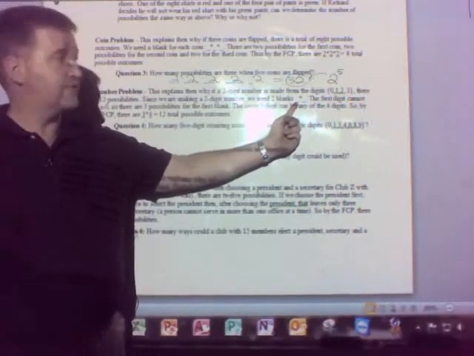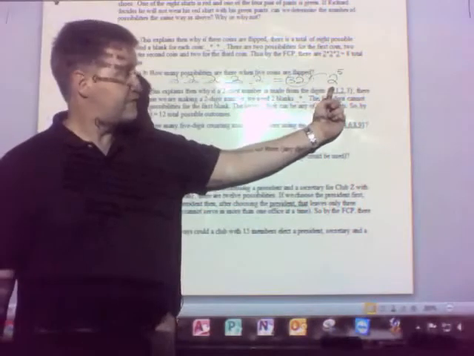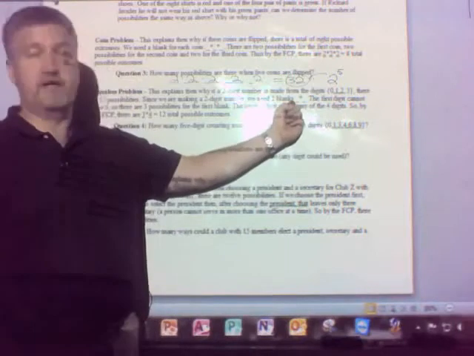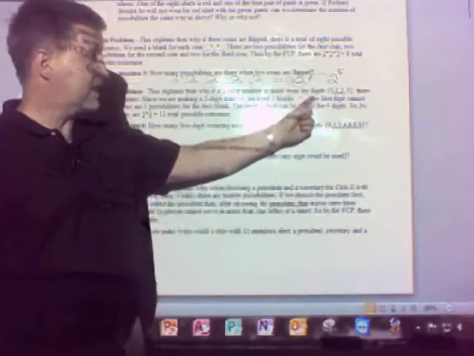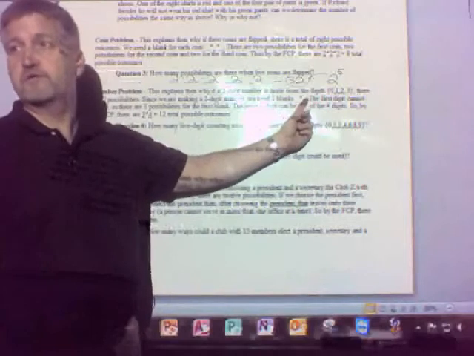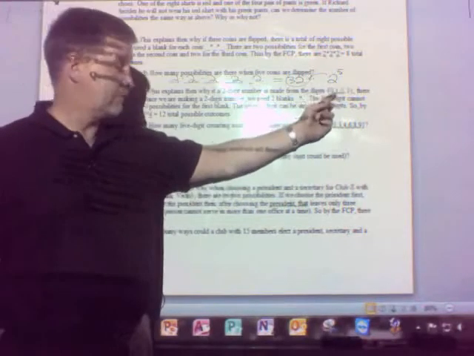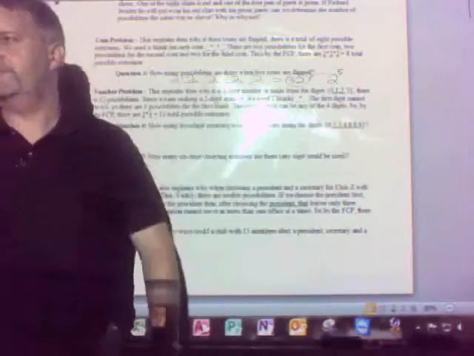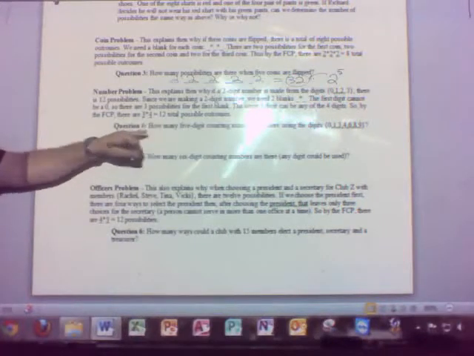Remembering we want a 2-digit number, so what can't the first digit be? First digit can't be 0. So how many possibilities are there for the first blank? There's 3. 1, 2, or 3. The second digit could be 0, so how many possibilities are there for the second blank? There's 4. So 3 times 4 gives you 12. Okay? So you can do that with this blanks method too, the fundamental counting principle.